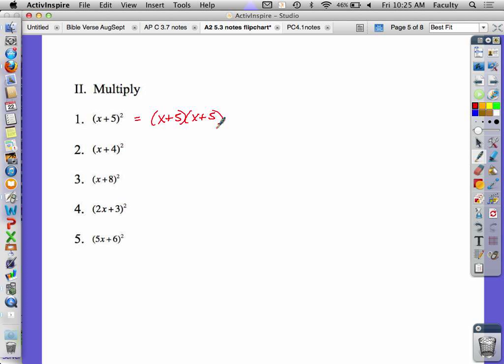So go ahead and do that with each of these. You think you've got the pattern already? Okay, what's the pattern? It's like the same thing except in the middle you just add them, like 5 plus 5, and add the x's.